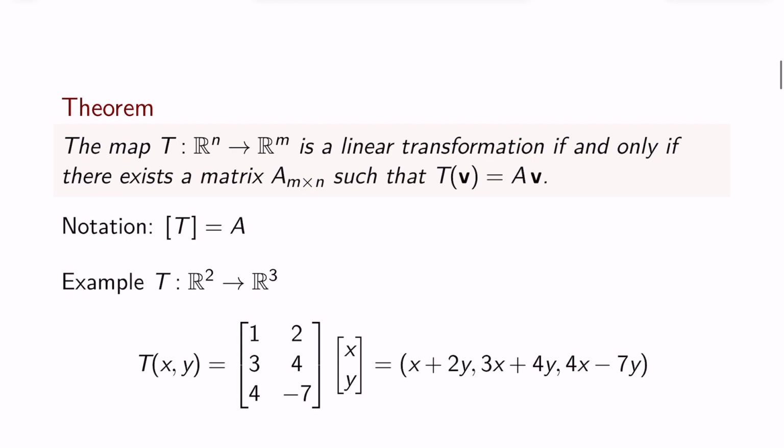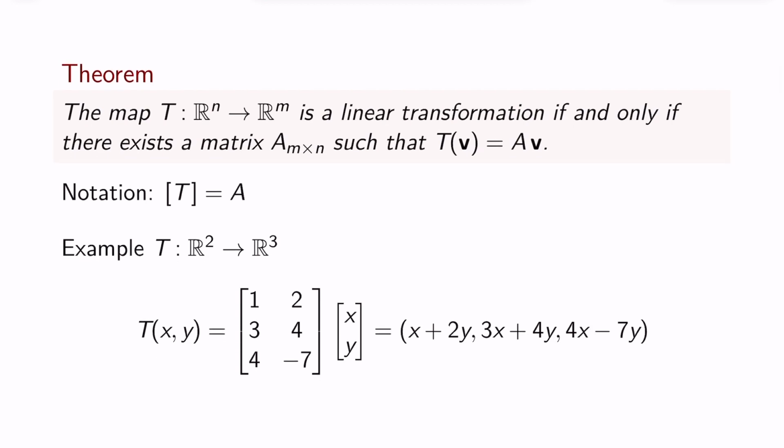Let's consider now this example of transformation. This is a transformation that goes from R2 to R3 and is given directly as a product of a matrix by a vector. Observe that the matrix has the correct dimensions. It's 3 times 2, I mean, it has 3 rows and 2 columns.